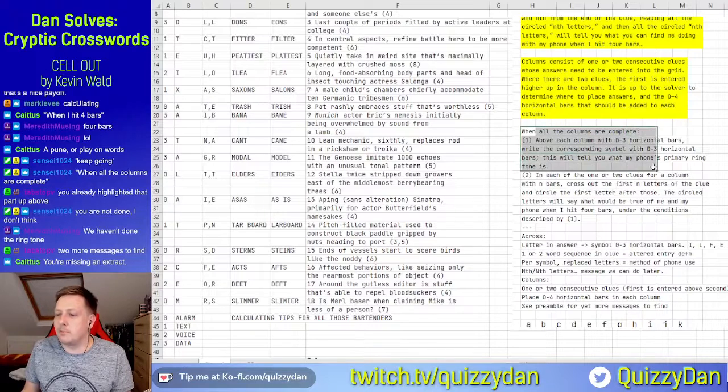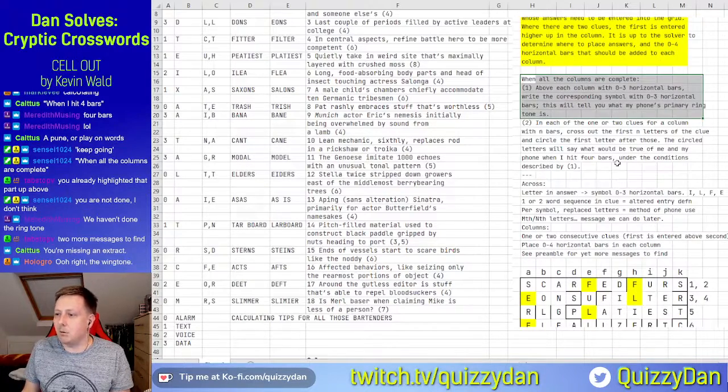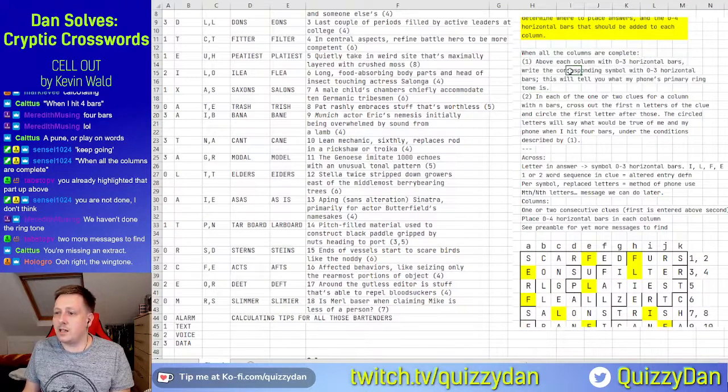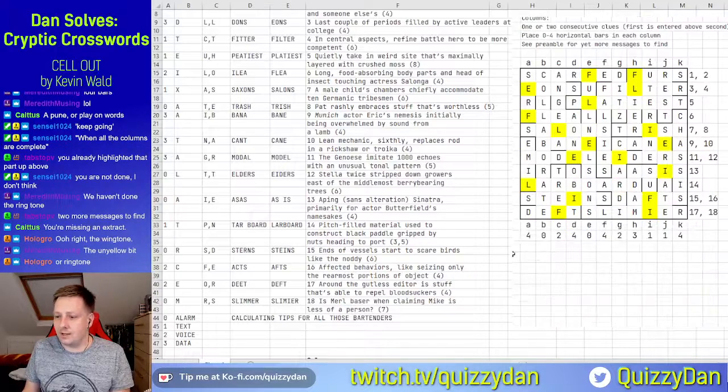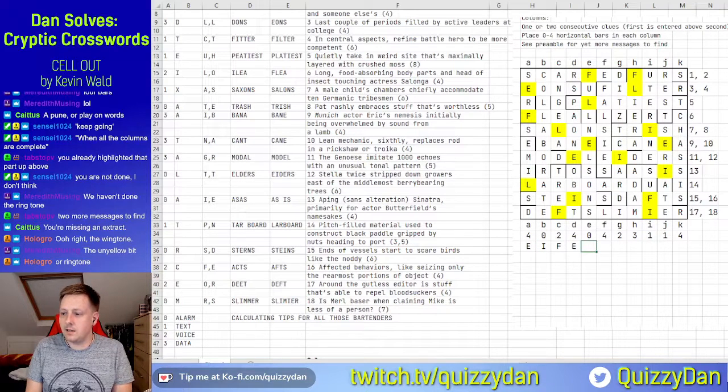When all the columns are complete, write the corresponding symbol with 0 to 3 horizontal bars. This will tell you what my phone's ringtone is. Okay. So E-I-F-E-I-F.